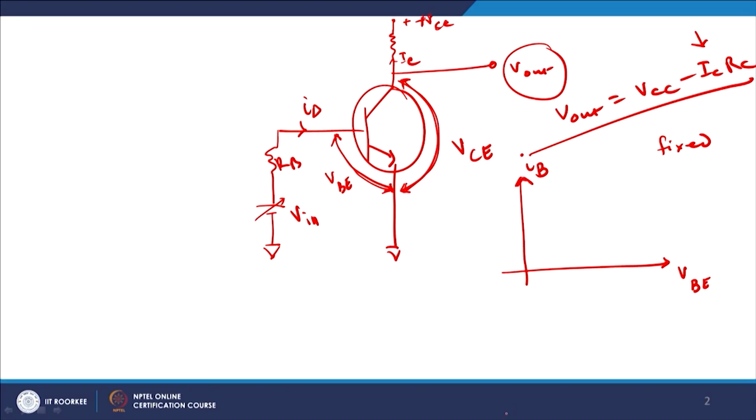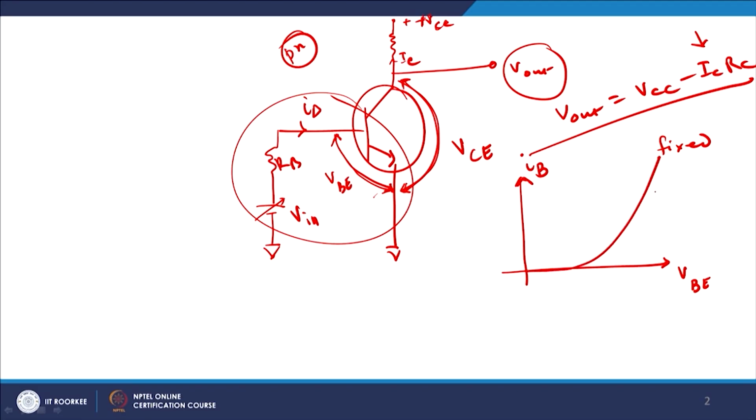If you look very carefully, for a fixed value of VCE, this starts to behave like a PN junction diode in a forward bias condition. You very well know that it will look something like this for a fixed value of VCE, say 1 volt or 5 volt or whatever it is, and it will be approximately equal to 0.7 volts which you see, and this will be your base current which will be flowing, because that is how the forward bias characteristics of a PN junction diode look.